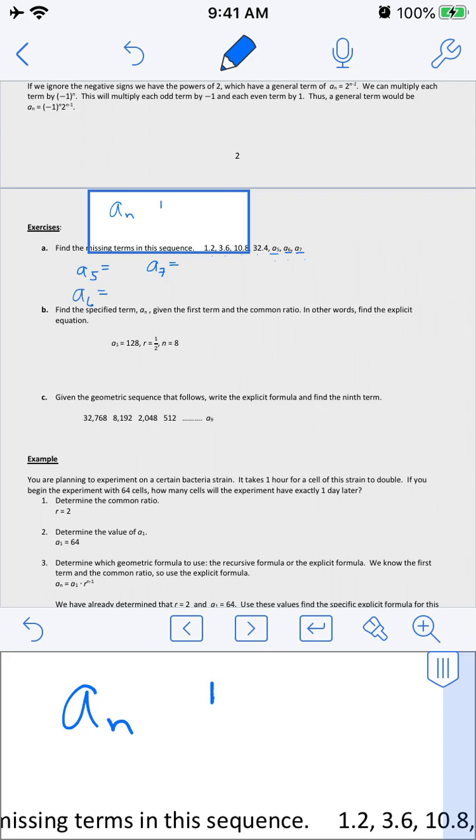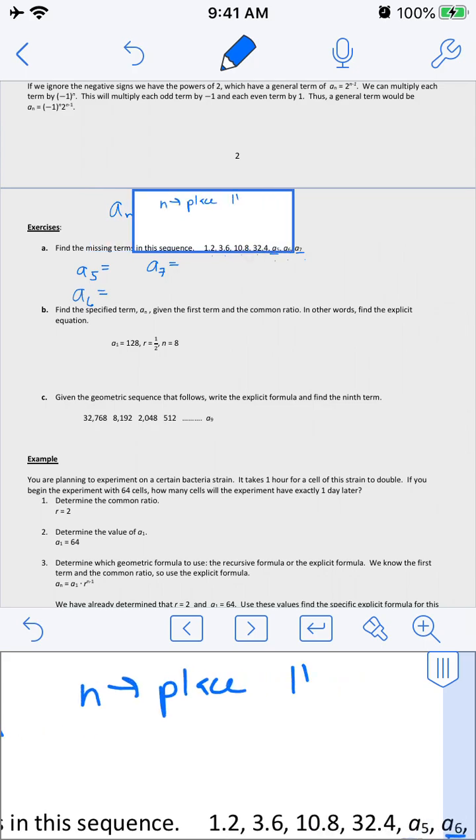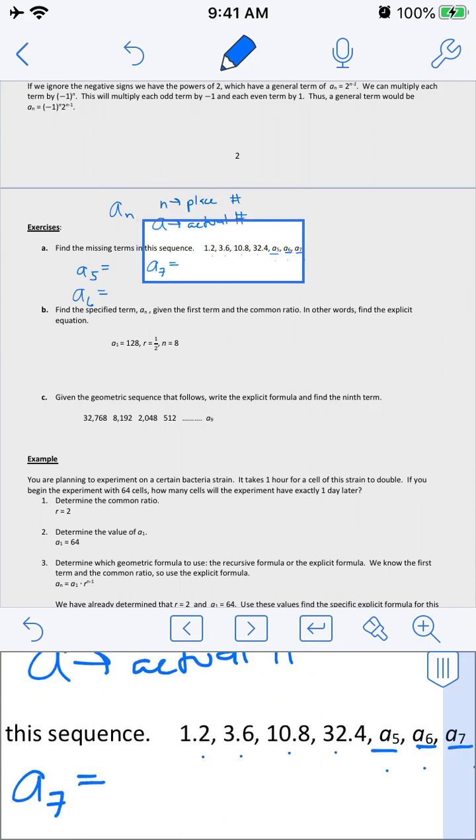Okay, so the n is the place number. The A part is the actual number. For example, I could say the first term, so n equals 1, but then A1 would be 1.2. Okay, A3, the third place, but that actual number is 10.8.